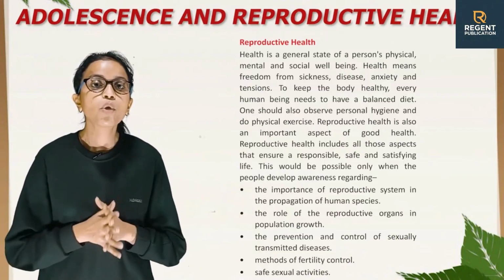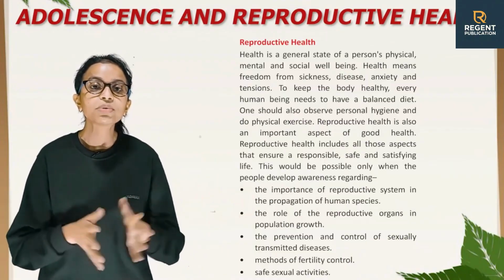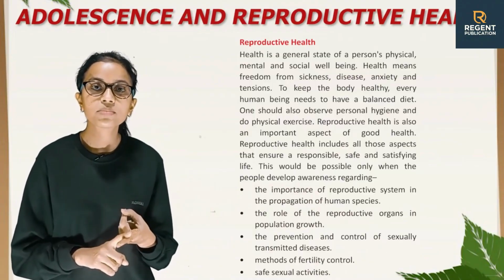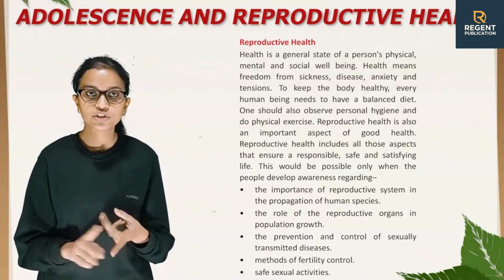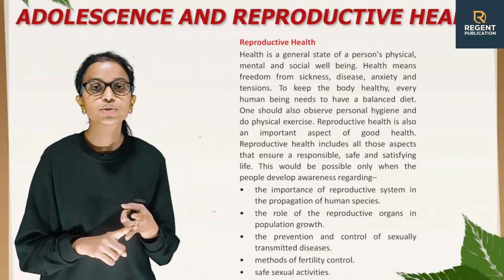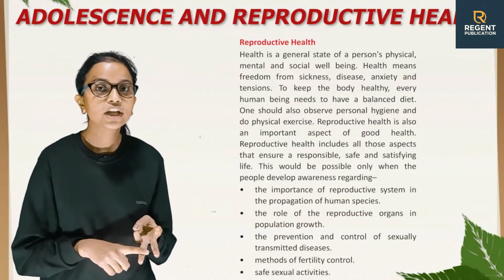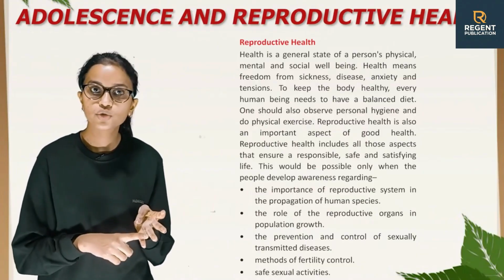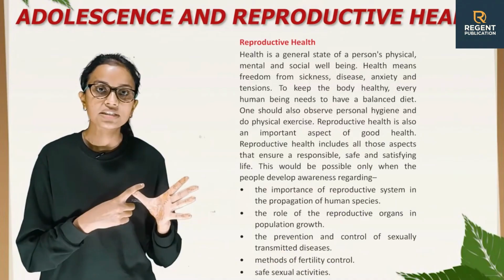This would be possible only when people develop awareness regarding the importance of the reproductive system in the propagation of the human species, the role of the reproductive organs in population growth, the prevention and control of sexually transmitted diseases, methods of fertility control, and safe sexual activities.